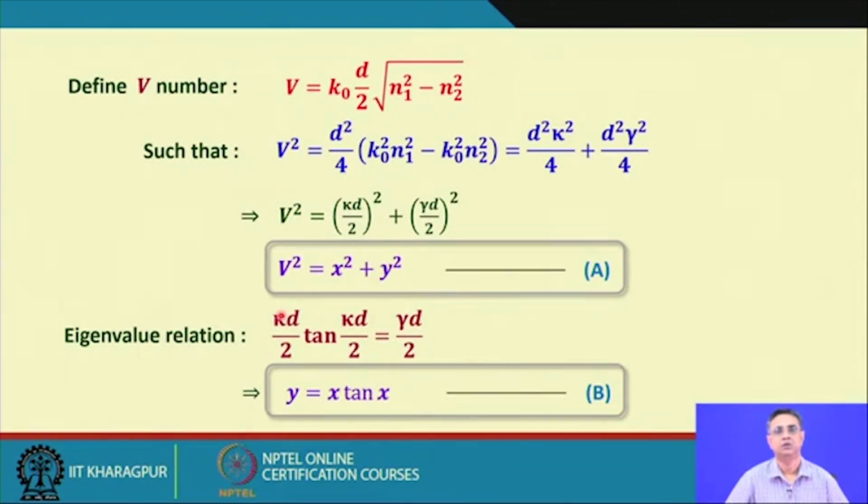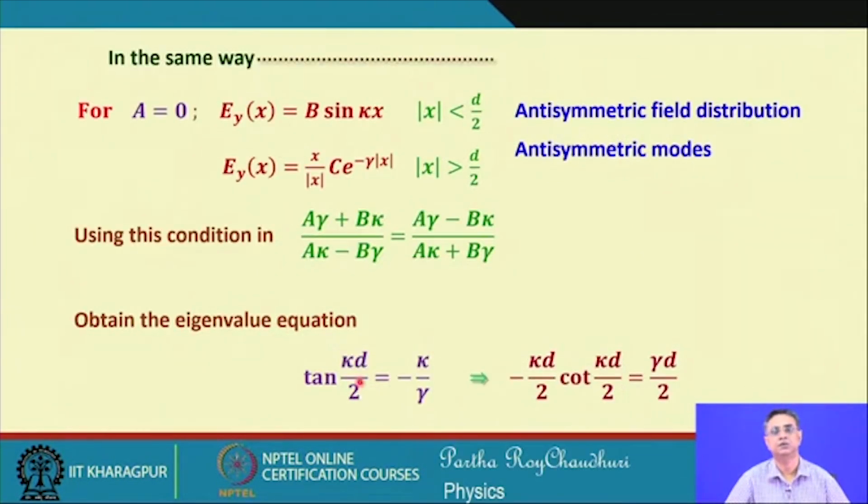Now, so this is the consequence of the definition of V number, which appears in terms of the kappa and gamma, and this is the eigenvalue equation. Now, to look for the solution of the modes, in the same way a equal to 0, e y of x, this will be the field solution, and that corresponds to antisymmetric modes, and the evanescently decaying field will be the same.